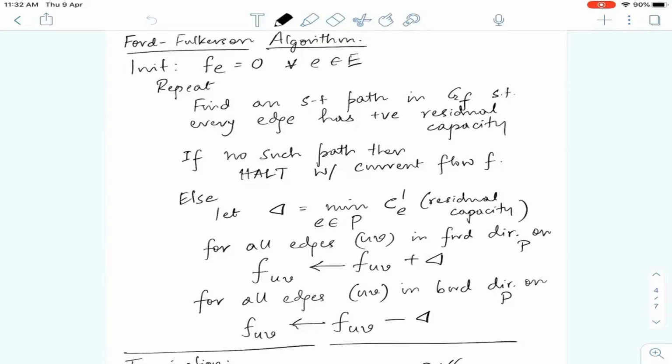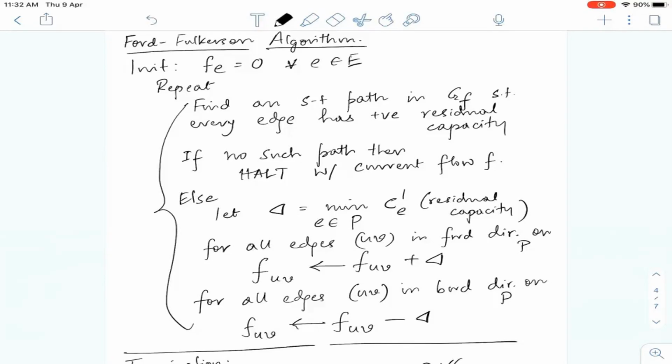Okay, so first let's do one step at a time. First let's figure out the runtime of the inside of this loop. Remember, I'm repeating this process of finding ST paths in the residual graph.